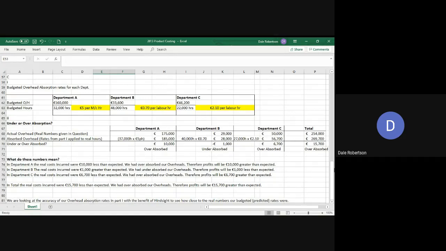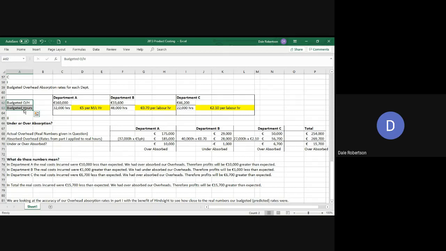Part A of the question says, calculate the departmental overhead absorption rates for department A, B, and C. Well, this is using the budgeted numbers. This is finding out how much the overheads were per hour for department A, B, and C. So you take your total overheads and you divide by your hours.